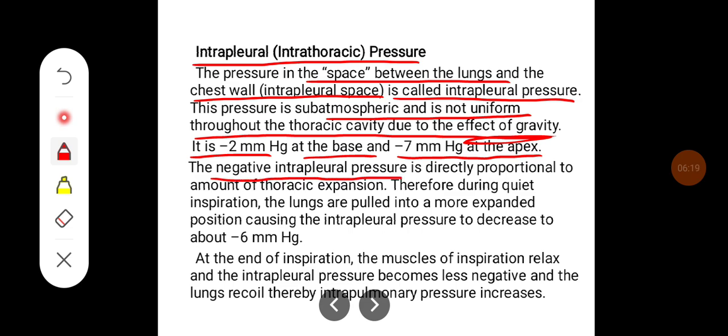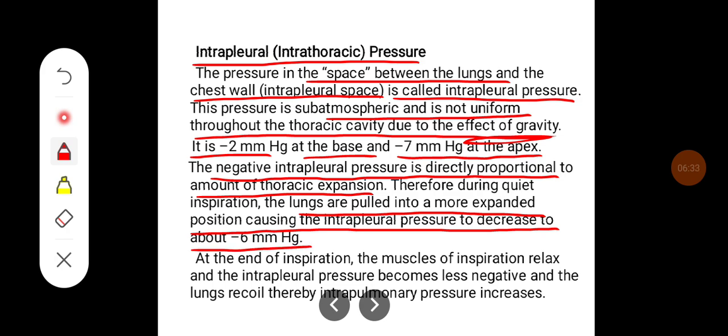The negative intrapleural pressure is directly proportional to the amount of thoracic expansion. Therefore, during quiet inspiration, the lungs are pulled into a more expanded position, causing intrapleural pressure to decrease to about minus 6 mm of Hg. At the end of inspiration, the muscles of inspiration relax and the intrapleural pressure becomes less negative and the lungs recoil, thereby intrapulmonary pressure increases.